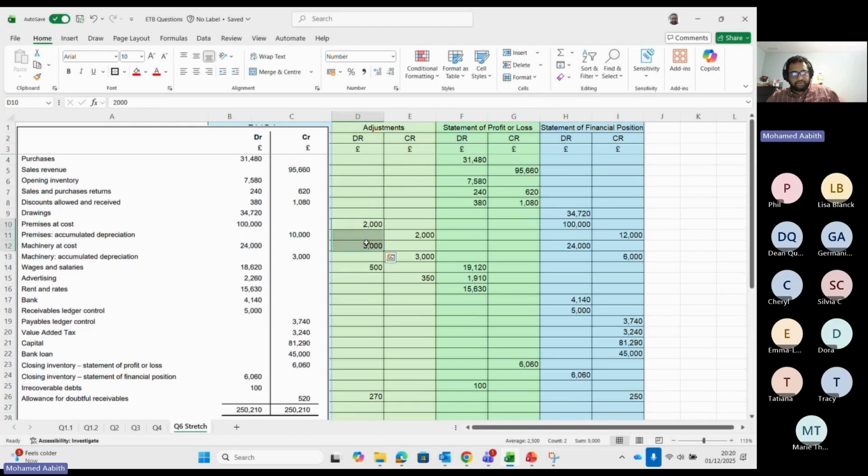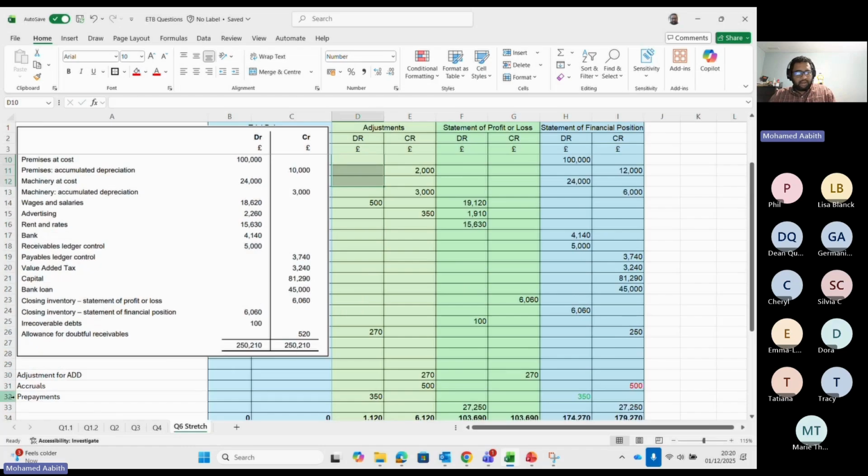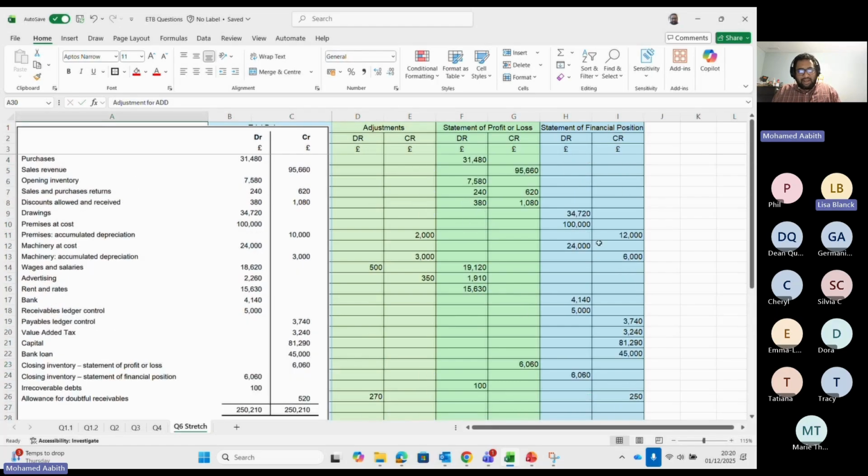These two are not meant to go here. This will go here as depreciation. Yearly depreciation charges. That gives you £5,000 here, and here there's no changes to any of those numbers.